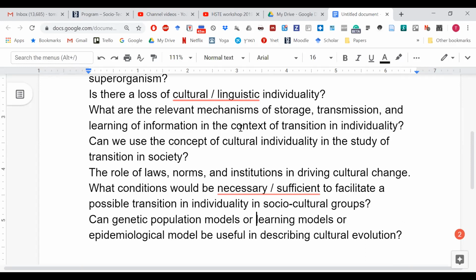If we don't want to focus on that, there's a lot of questions about culture, about learning, about social norms. And there's enormous diversity in the same biology.